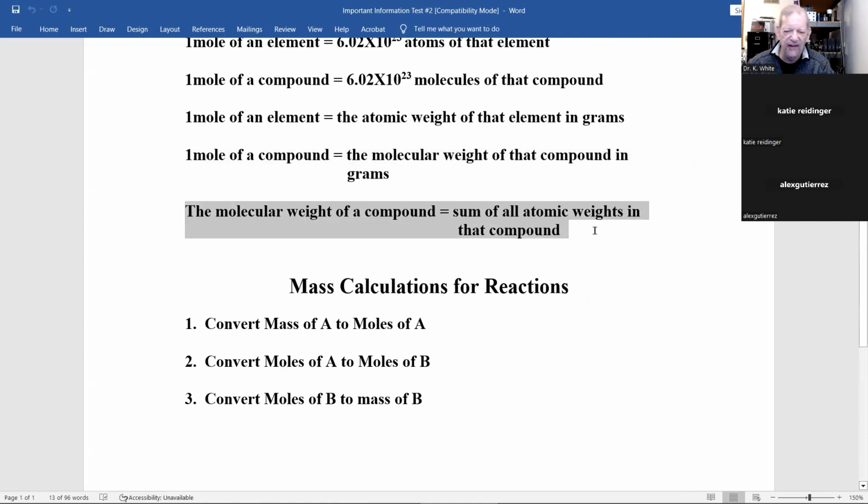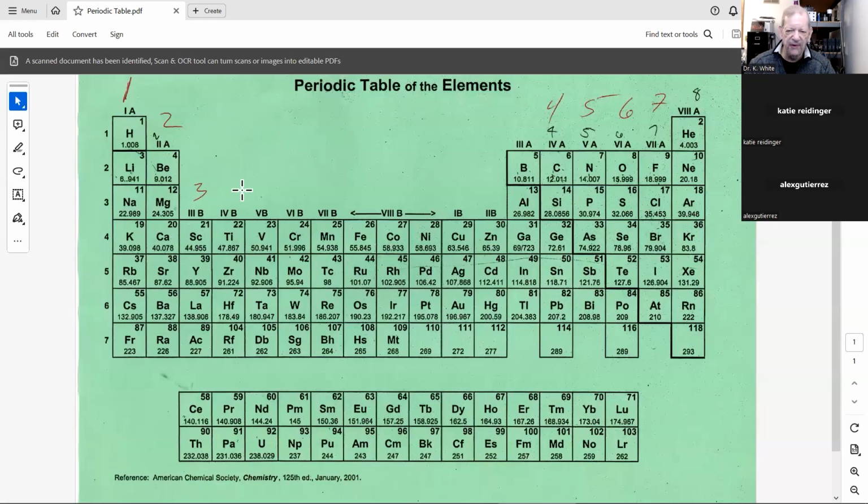The molecular weight of that compound is the sum of all atomic weights, and you get the atomic weights from the periodic table. Water has 2 hydrogen, 1.01 to 3 significant figures, and 1 oxygen, 15.999, which becomes 16.0.